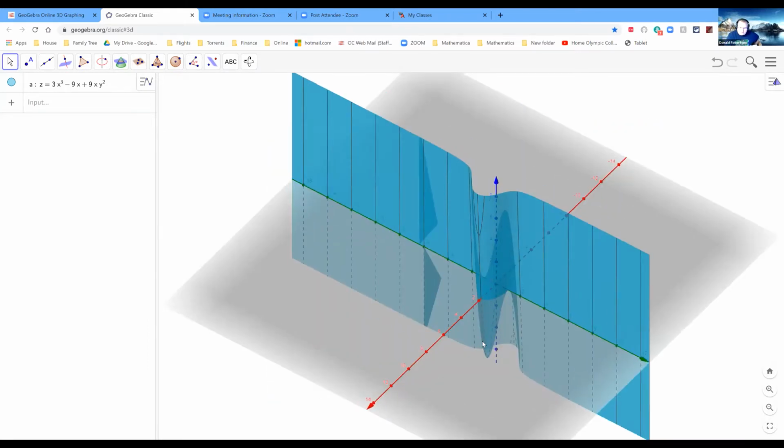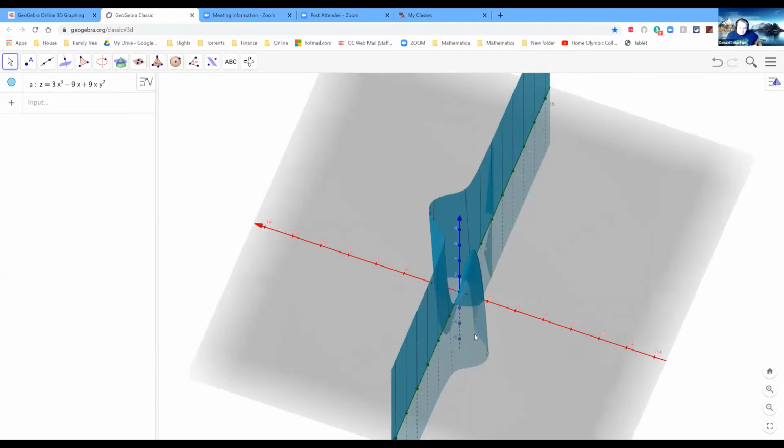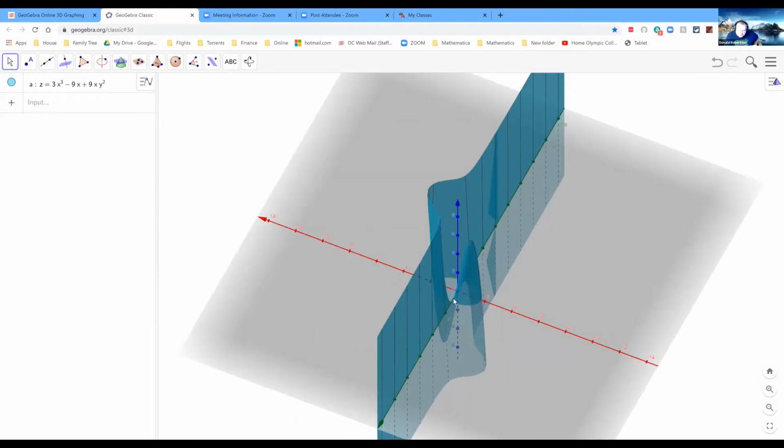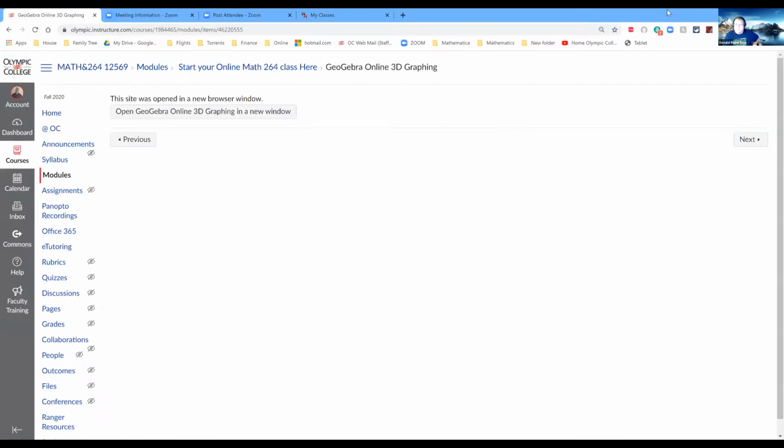Right. Do you see that little guy in that corner there? Can you trust me it's a saddle point, right? Ooh, it definitely doesn't like GeoGebra. I'm closing off GeoGebra in case it's screwing up my entire system. Right. You can check what I've just done, hopefully a little bit better than I did.